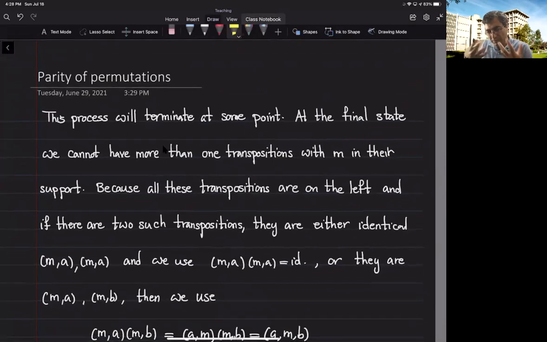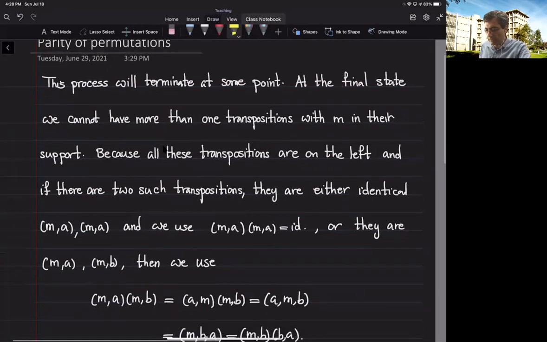Whenever I have two of these M's, we get a cancellation. Either we have an explosion and both of them disappear, or the number of M's gets decreased. This process stops when I have at most one M. If there is only one M and this transposition appears at the end of the product, then this process terminates. We want to say that this cannot happen.